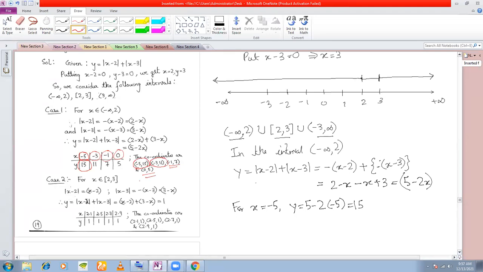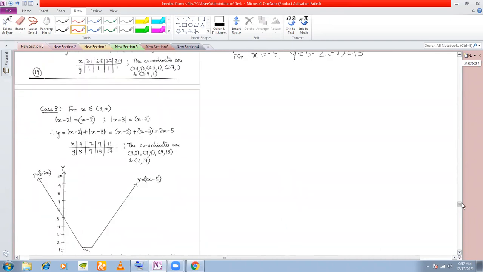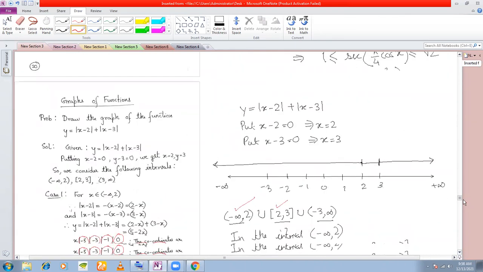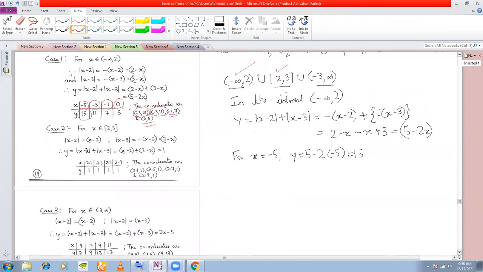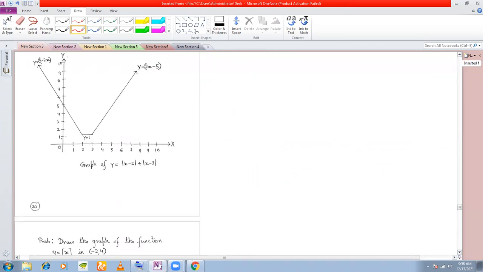Now I'm done with this interval. Now let us come to the interval 2, 3. Let's plot the points also before going to the next interval. The 4 coordinates that I have got here are (−5, 15) and so on. When I'm considering minus infinity to 2, I'm going to have only this part of the graph available to me, right? Because the values of x are less than 2.